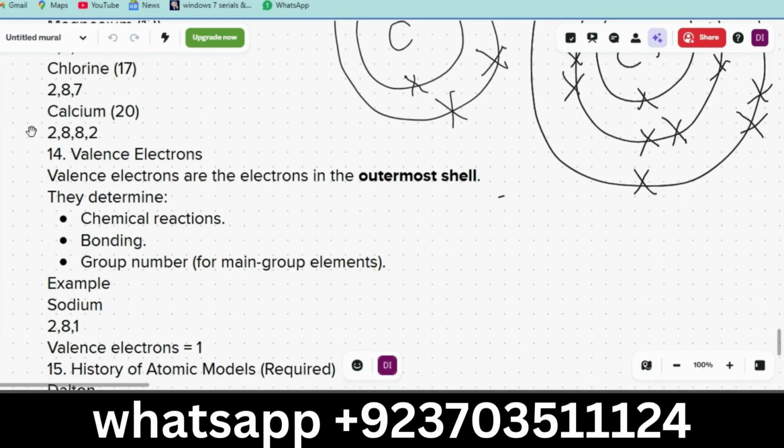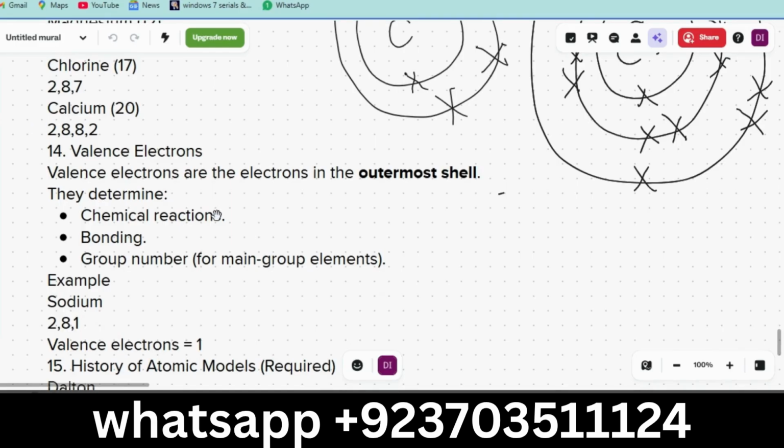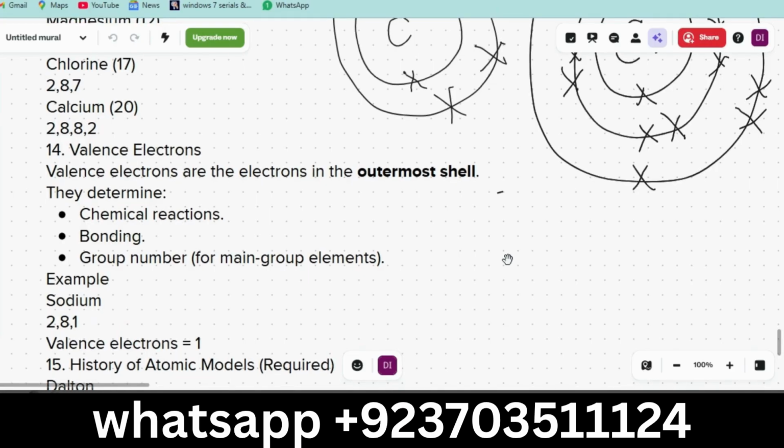So what is a valence electron? Valence electrons are the electrons in the outermost shell. They determine the chemical reaction, bonding and group number.